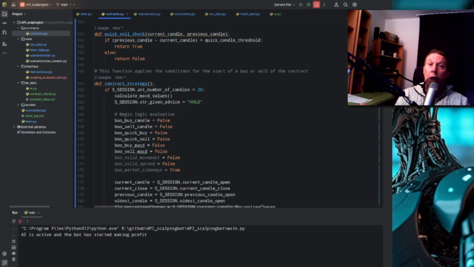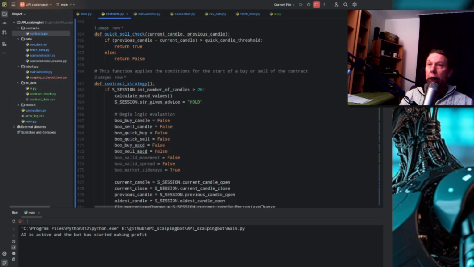The strategy allows it to open, so the strategy works, but then the market doesn't go up or down enough, and after 9 or 10 minutes we have a profit or a loss of 10 cents, 15 cents, 70 cents, and the position closes. Then the next one will open, and it goes wrong again.